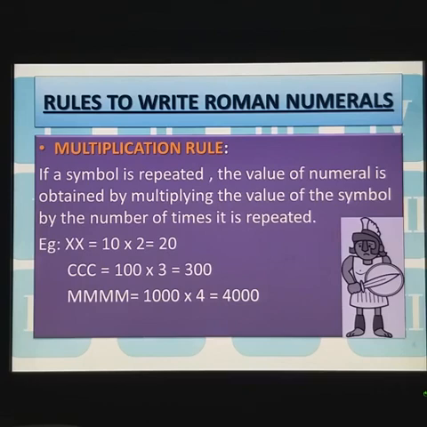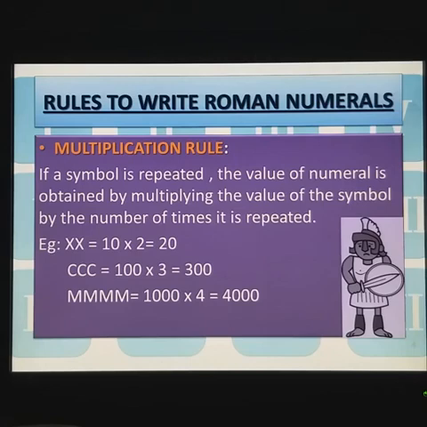I know this is a bit confusing, so let us see one example and it will make it very clear. XX. We can write the value of XX as 10 plus 10, or we can multiply it by 2 because symbol X is repeating twice.